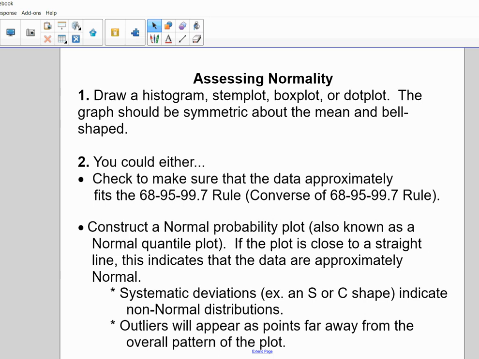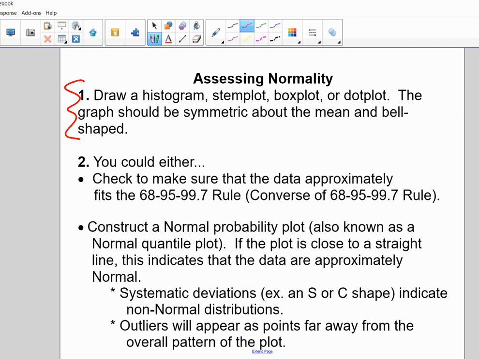First thing you should always do, enter the data into your calculator and draw a histogram, a stem and leaf, a box plot, a dot plot, all right? If your histogram or whatever it might be is clearly not symmetric, is there any way that it could be normal? No, right? So that's the first thing that you should look for, all right?